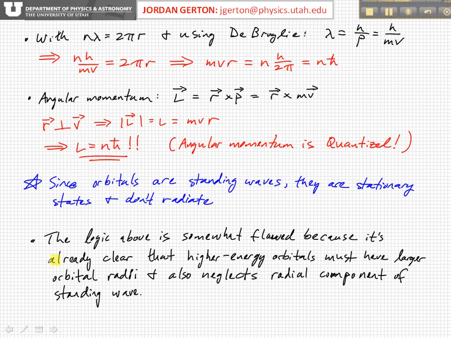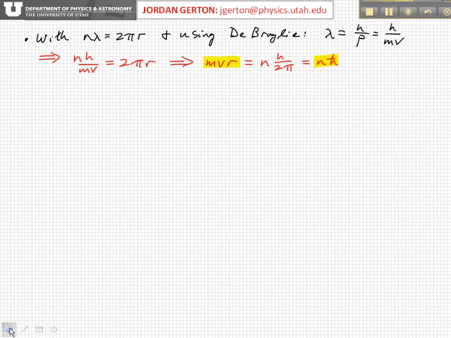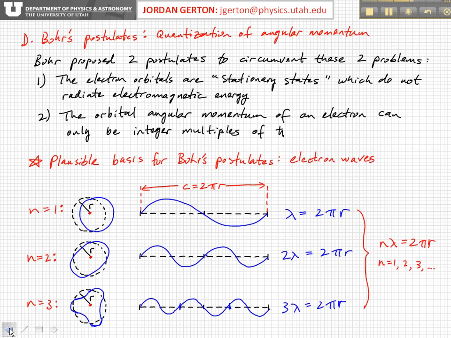Another thing to notice is that since the orbitals are standing waves, and what I mean by that is that they're not propagating. Remember, this is the picture of the electron wave, as if you just break up the orbital and spread it out along the circumference, and this wave is a stationary wave.